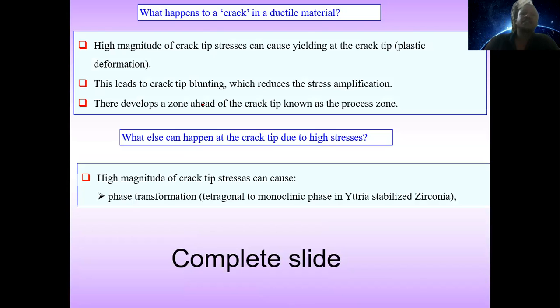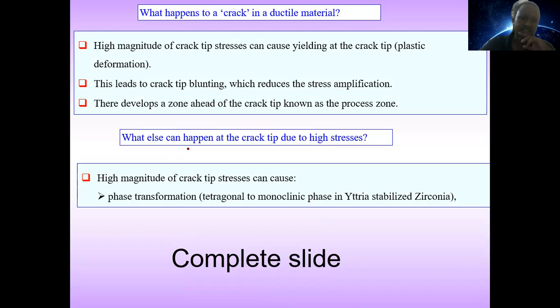What happens to a crack in the ductile material? High magnitude of crack tip stress can cause yielding at the crack tip, that is plastic deformation. This leads to crack tip blunting, which reduces the stress amplification. There develops a zone ahead of the crack tip known as a process zone.